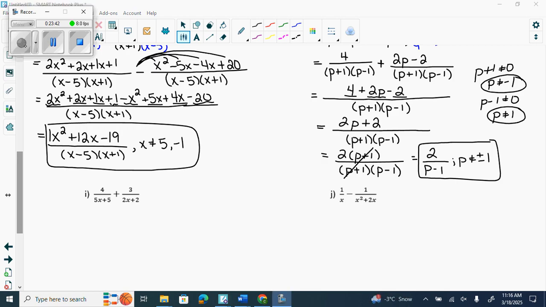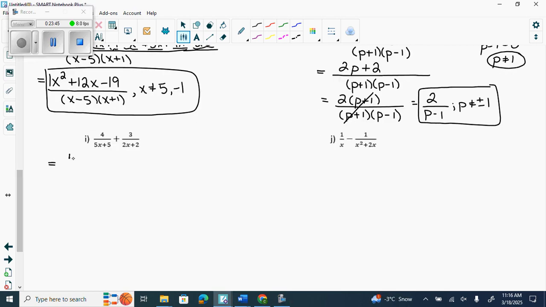Try them out. So the first one, I'm going to rewrite the 4. In the denominator, I take out a 5, and I'm left with x plus 1. In the right denominator, I'm going to take out a 2, and I'm left with x plus 1. Now, the binomials are the same, correct? It's the monomials that are not. So I need to multiply this one by 2, and this one by 5 to make the monomials the same. The binomials are good. So on the top, I'm going to get 8.